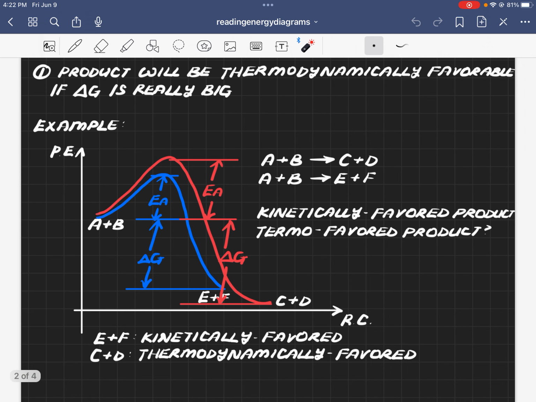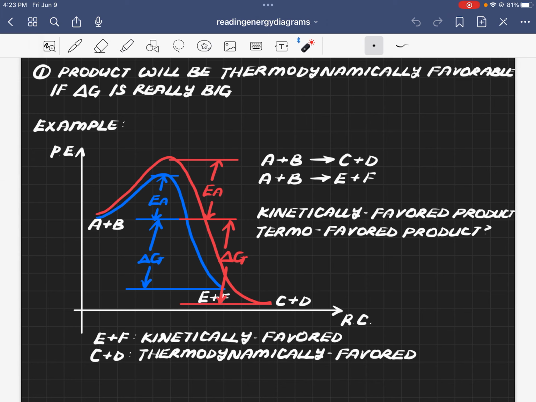So to give a little example, we might have a reaction energy diagram that looks like this, and we have two possible pathways for A and B. A and B can form products C plus D, or A and B can form products E plus F. And if we are given the question to determine which products are kinetically favorable versus thermodynamically favorable, how would we do that?